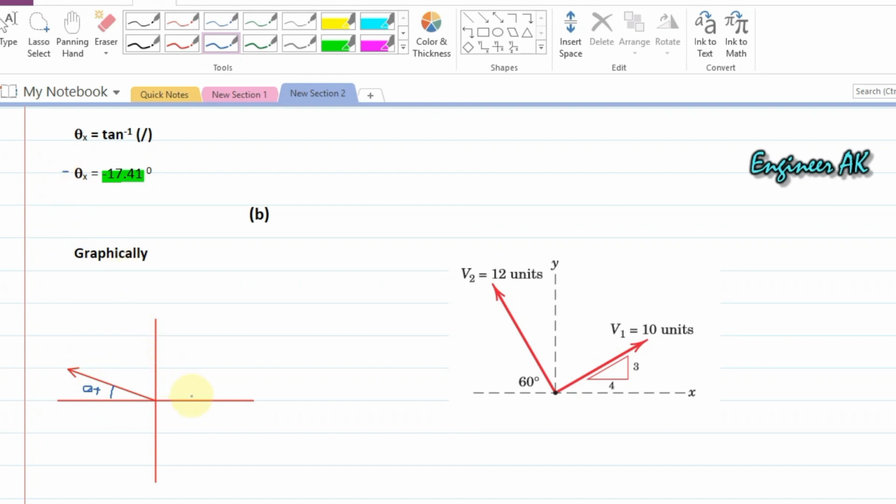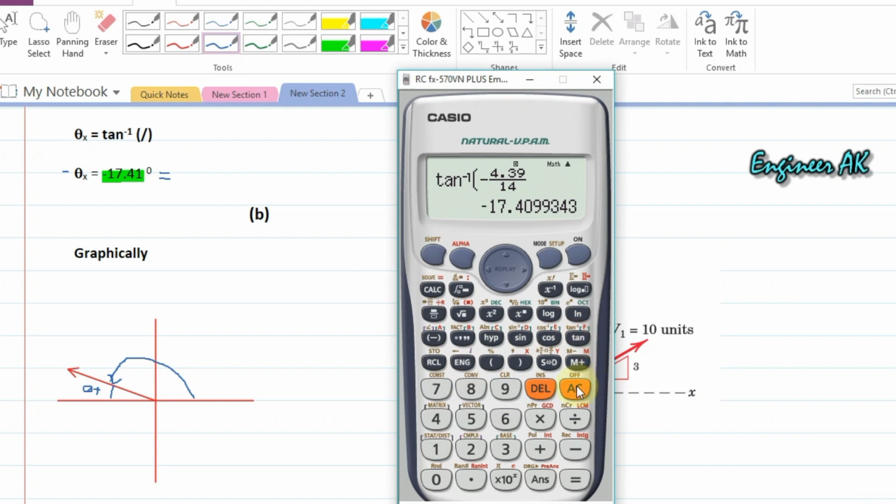And in the question we were asked to find the angle with the positive x-axis, so if I want to find this angle, what I will do is subtract this angle from 180, so 180 minus 17.41. Here we go.